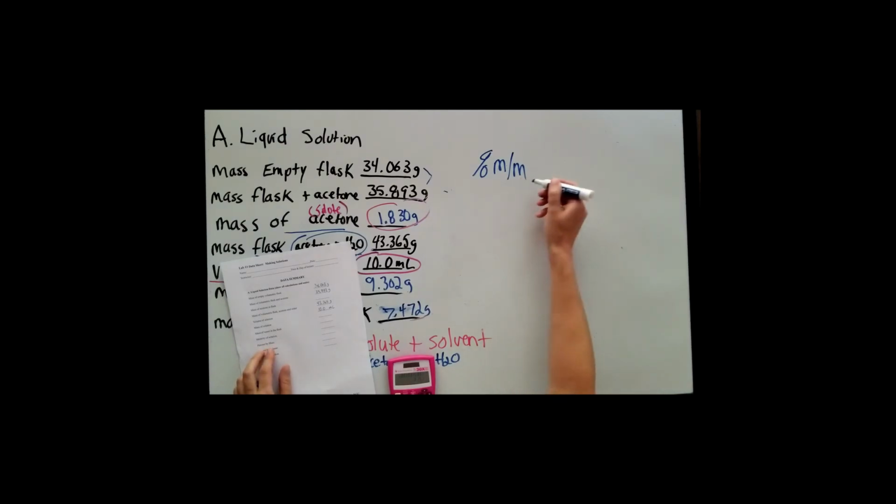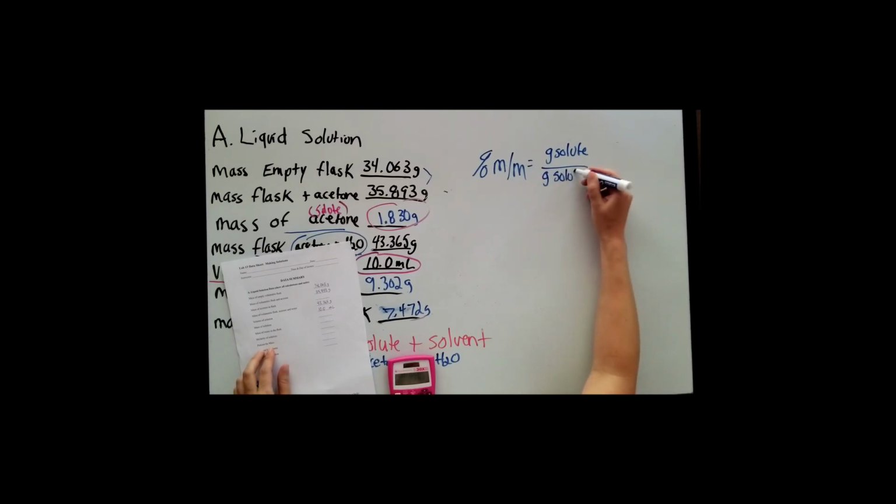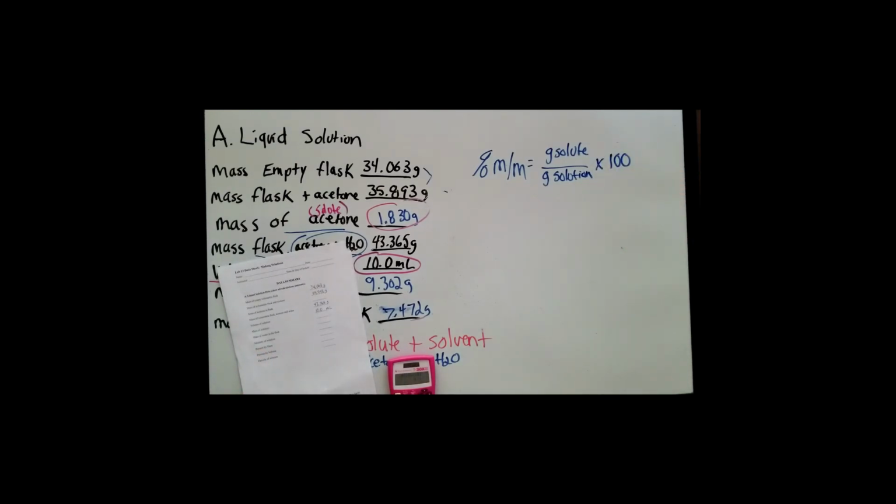So this is percent by mass. So that is grams of solute over grams of solution. And you're going to multiply that by 100 because it is a percent.